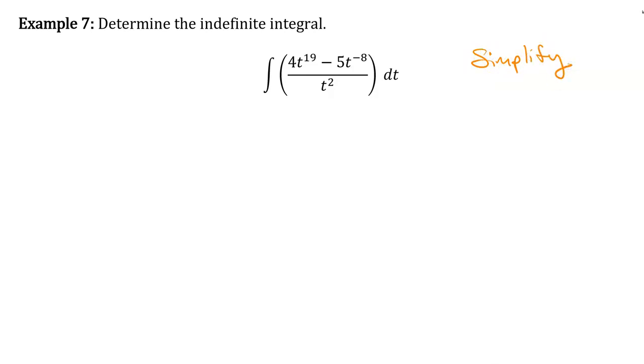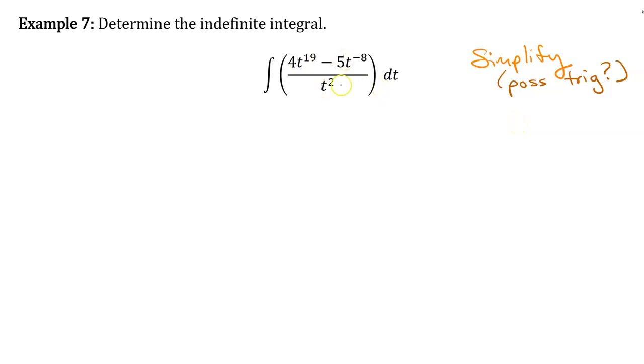If we can't simplify it, maybe it's something like the derivative of tangent or the derivative of secant, where the resulting derivative is a fraction itself. So do think about possibilities of trig if you can't simplify it. But as long as we can, go ahead.